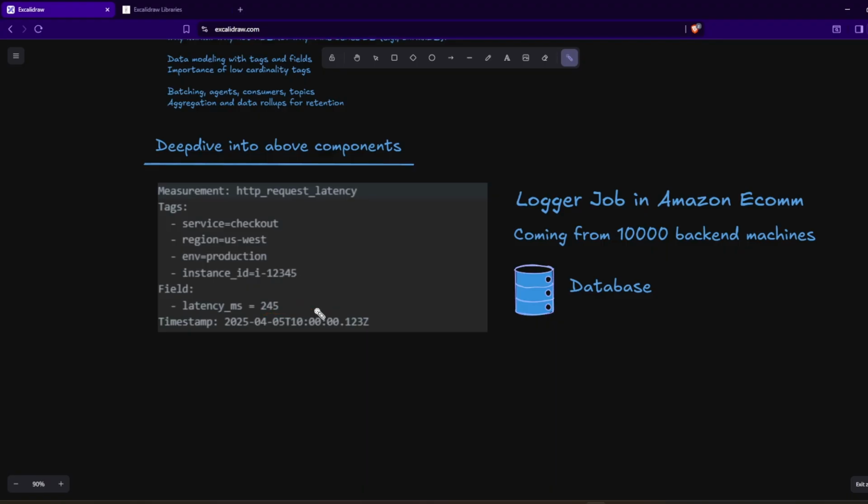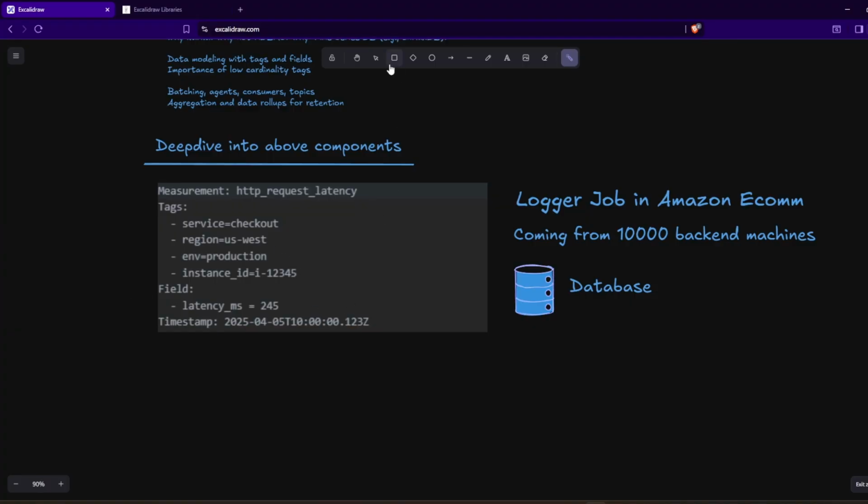To repeat, this is just coming from a logger job of a particular API endpoint named checkout: from this checkout endpoint of this particular region, in this given timestamp we are taking 245 milliseconds to return that data.